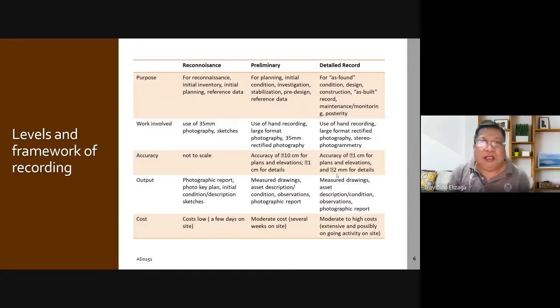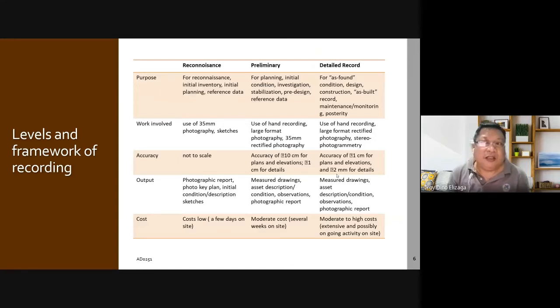The preliminary is what most people are doing, because the output is mainly for reports, either to be published or simply to be submitted. The drawings made are not too detailed because they are for mere illustrations in the reports or in the book.